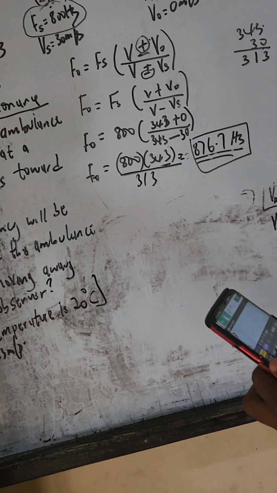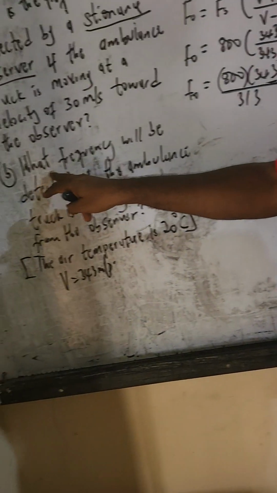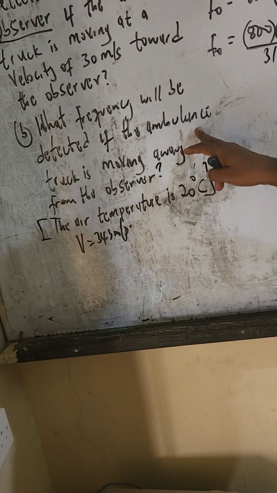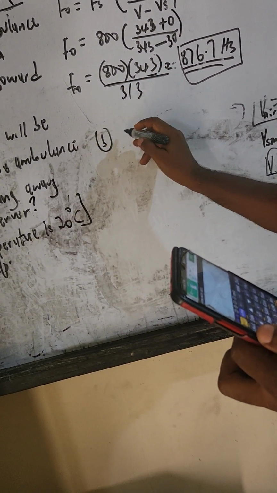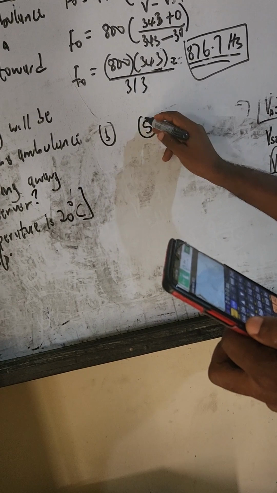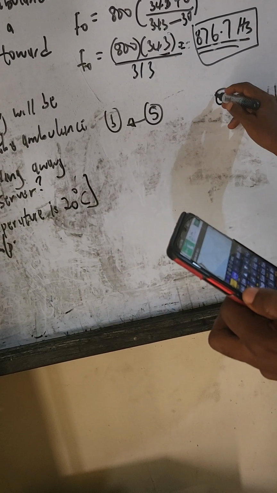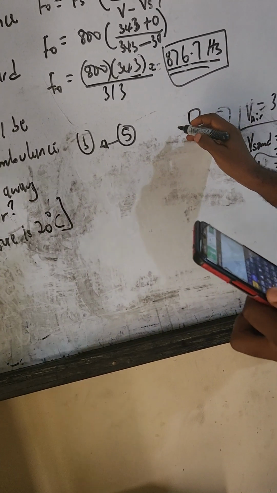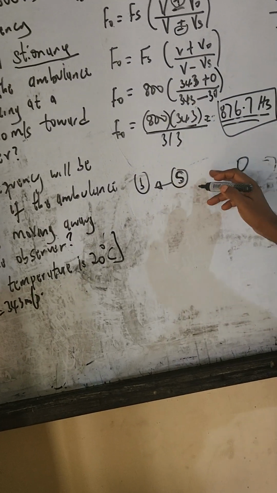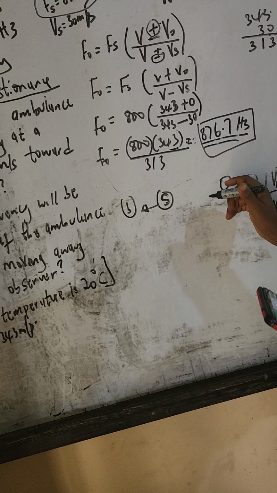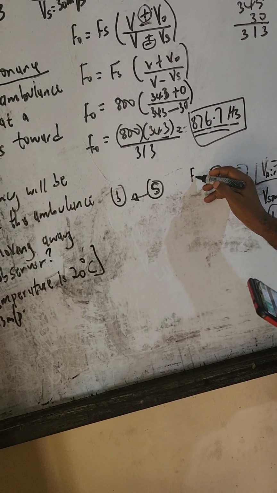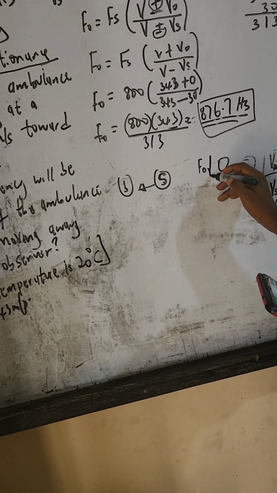So then the second question here, what frequency will be detected if the ambulance truck is moving away from the observer? If this particular source is moving away from the observer, like I said the other time, anytime the source or the observer happen to be moving away from each other, the frequency of the observer will decrease.